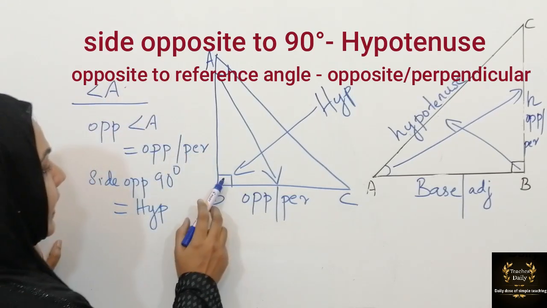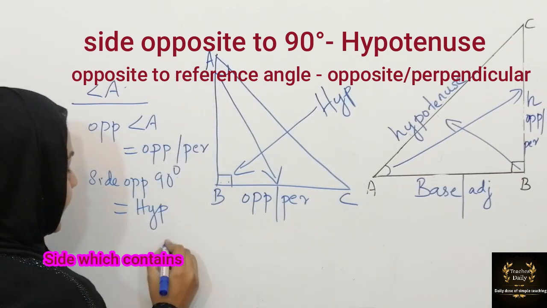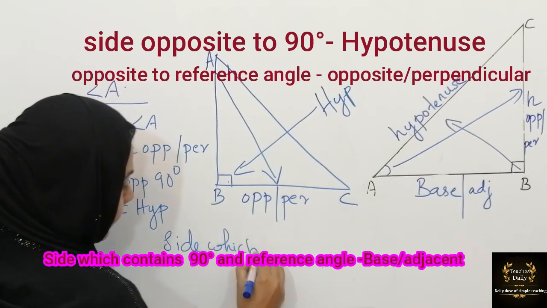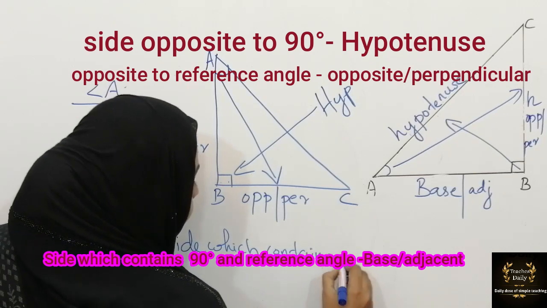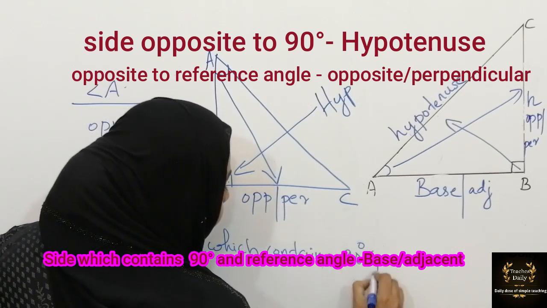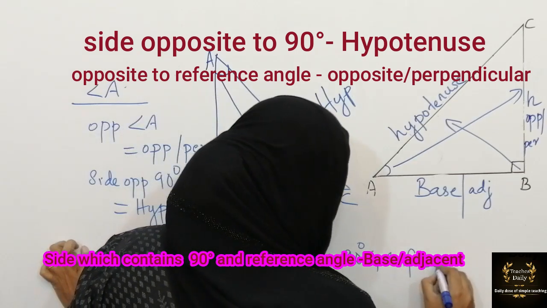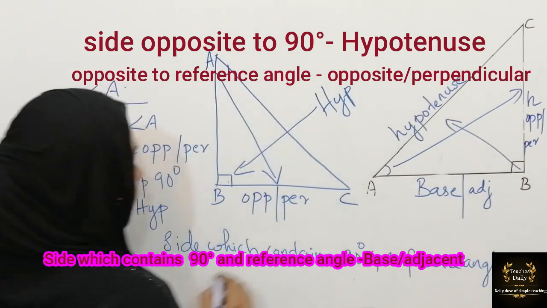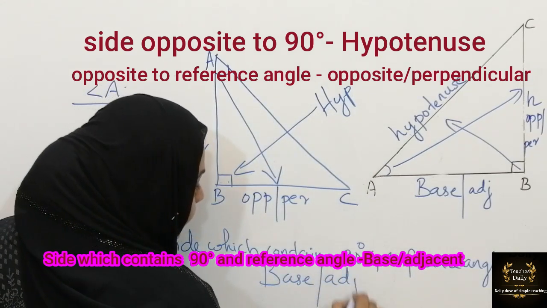AB. Here you know that 90 degree and reference angle is here. So the side which contains 90 degree and reference angle is called base or adjacent.